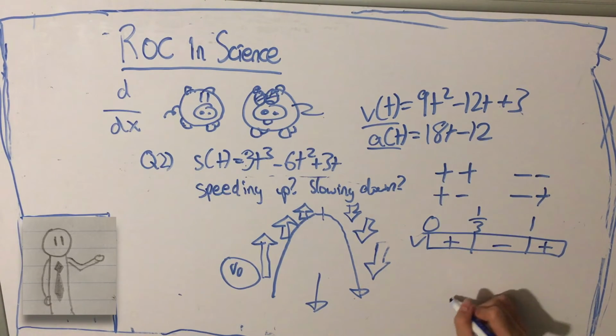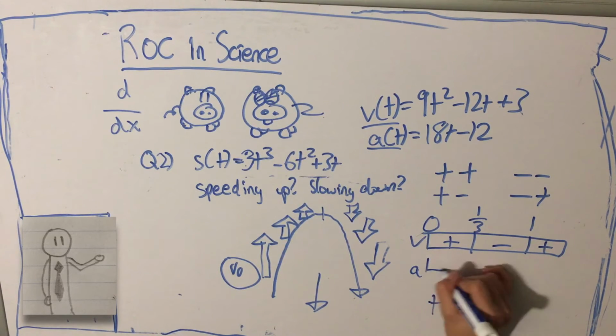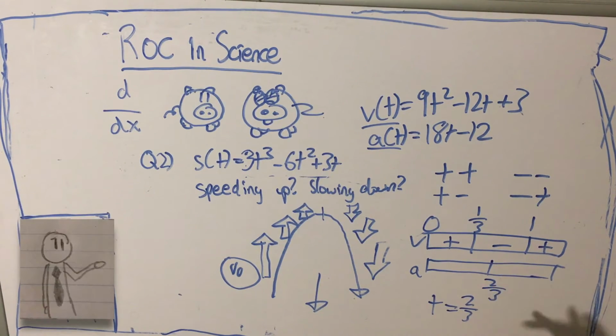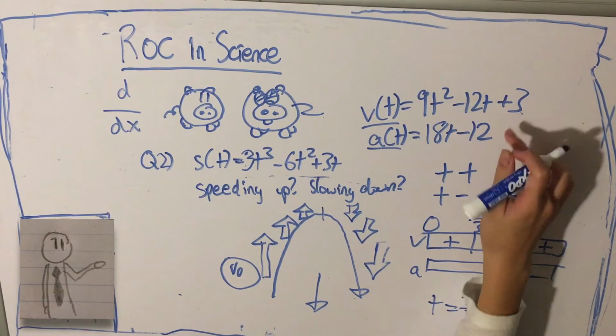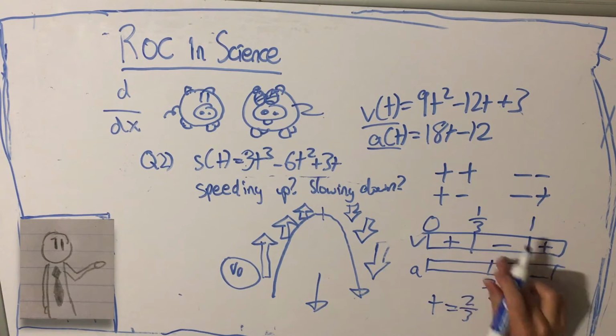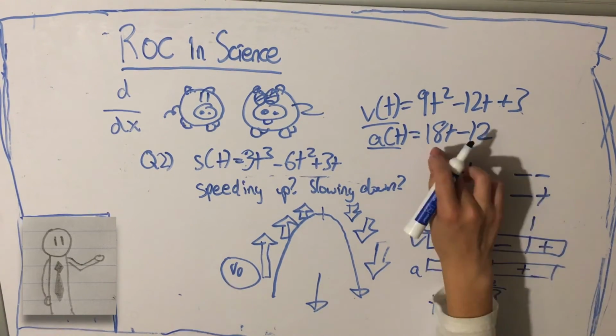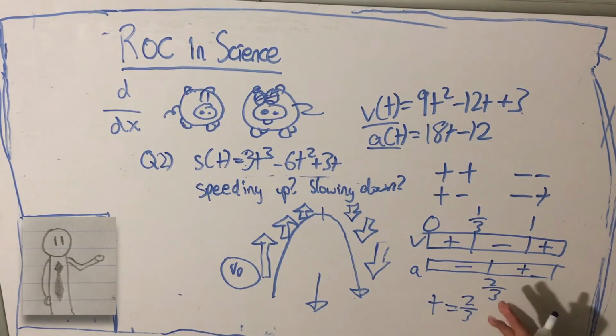Similarly, we can see acceleration has a different 0 at t equals 2/3. So we graph that out as well. Since it's continuous, we can do something like this. These are polynomials, so it's just going to be negative, then positive, because this slope is positive. So you can kind of see where that's coming from.